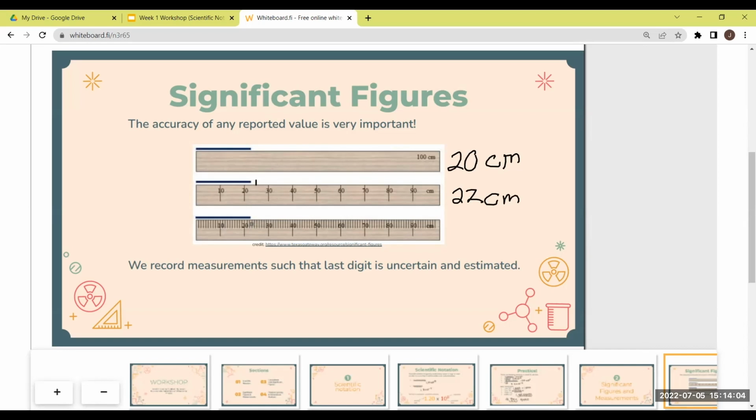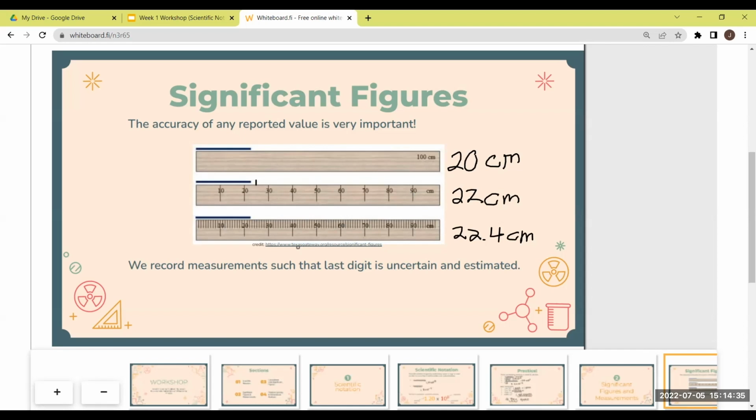So we can say it's about 22 centimeters, but we're unsure of where that last decimal place is. So we can just take a guess, and since it's really small here, the precision doesn't really matter as much, but you still want to make a reasonable guess. So I could say this is probably like 22.4 or 22.5, anywhere around there is considered a reasonable measurement.